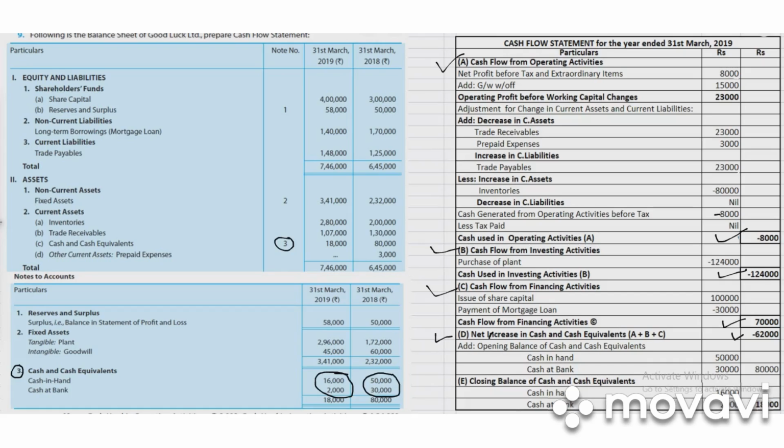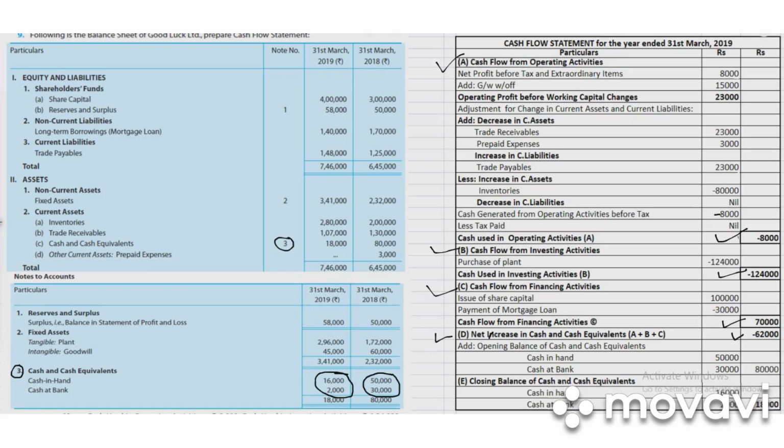So this is a basic format. In some questions there will be more, in some questions there will be less. In some questions we will have to prepare the ledger account, especially when depreciation or provision for taxation is given. That type of model we will be doing later. So this is a basic model.